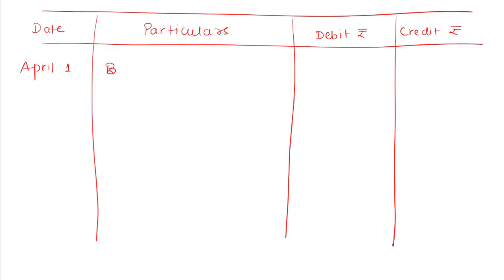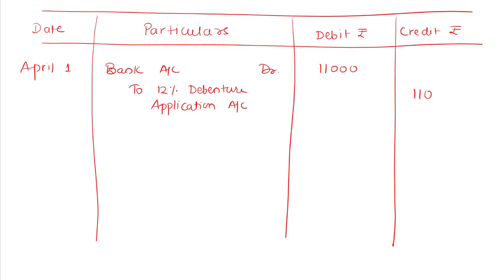On April 1, the entry would be bank account debited to 12% debenture application account, 1 crore 10 lakhs, that is 1,10,000 multiplied by 100.